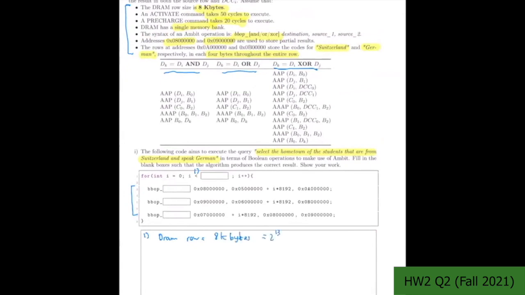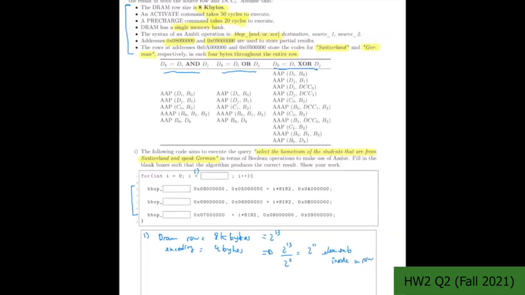You are going to encode each element in 4 bytes. So it means you're going to have 2 to the 13 divided by 2 to the 2, which is 2 to the 11 elements inside a row.